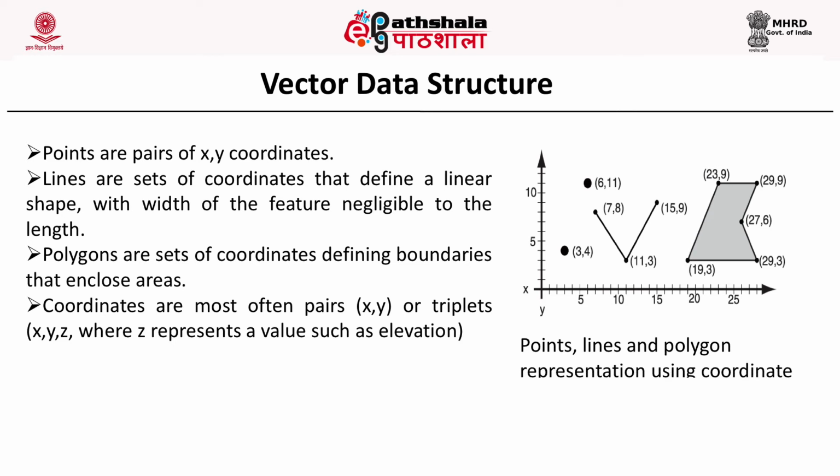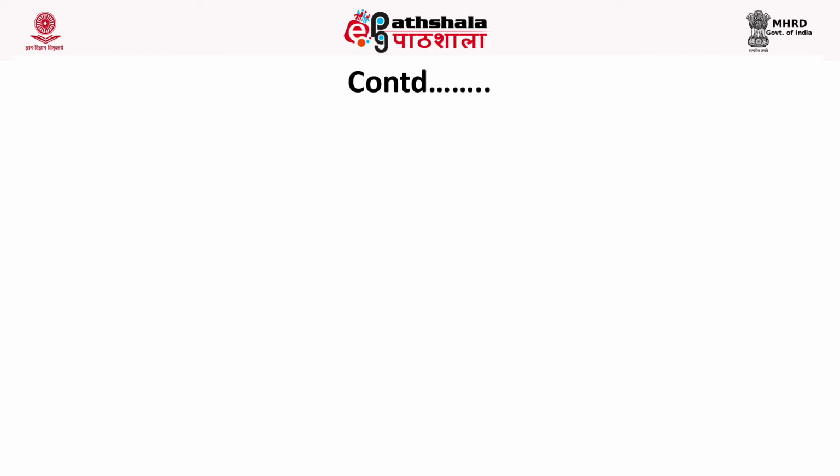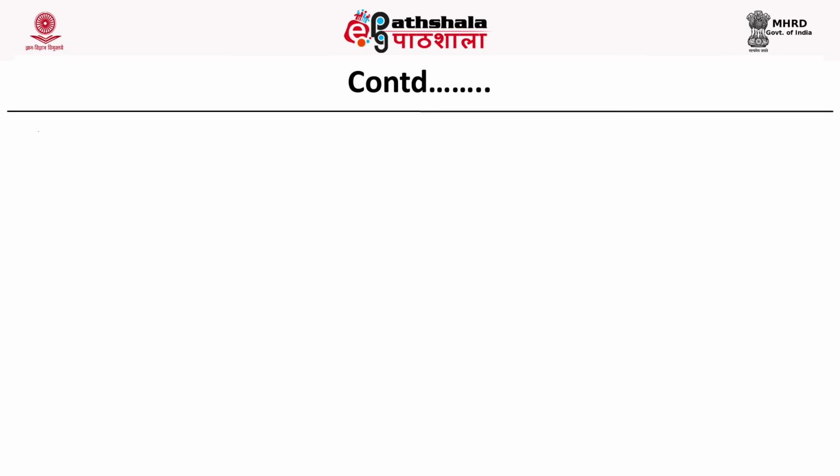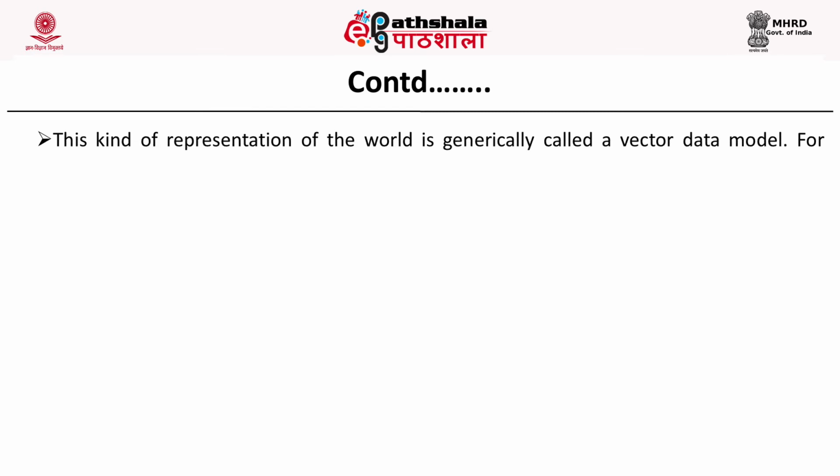Polygons are sets of coordinates defining boundaries that enclose areas. Coordinates are most often pairs of xy or they are triplets, maybe x, y and z, where z represents a value such as an elevation. This kind of representation of the world is generically called a vector data model.